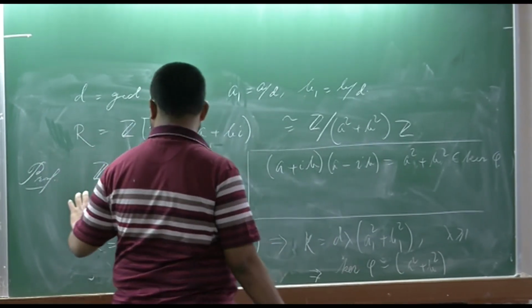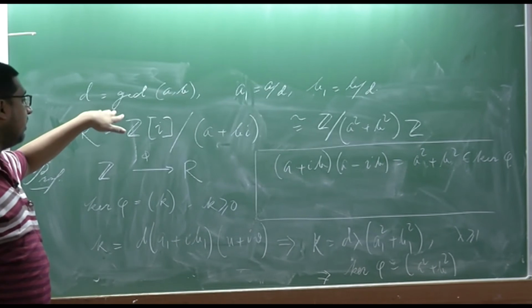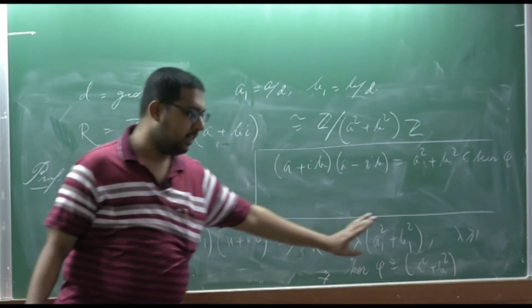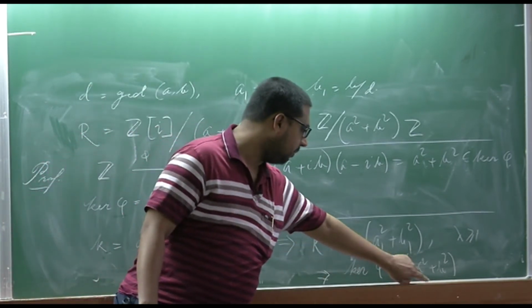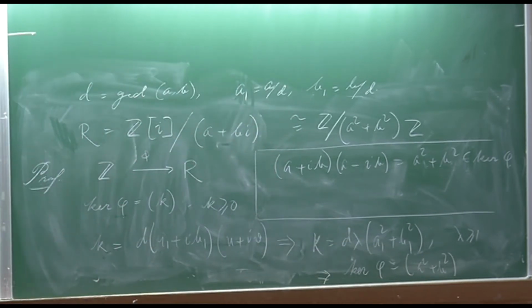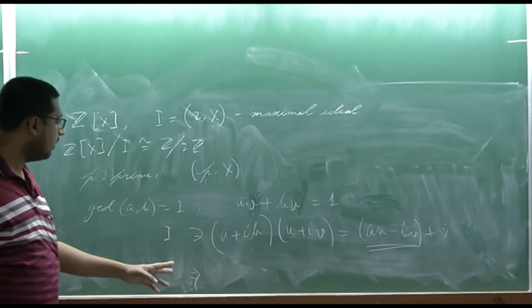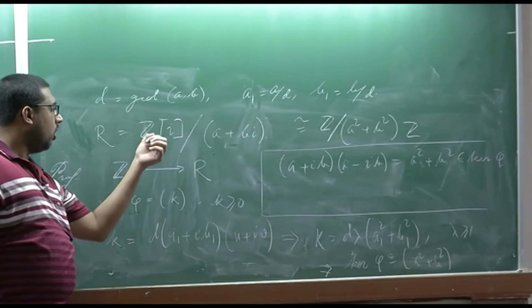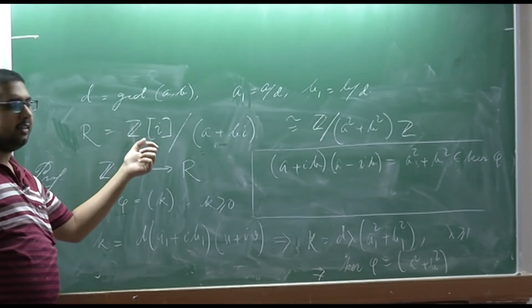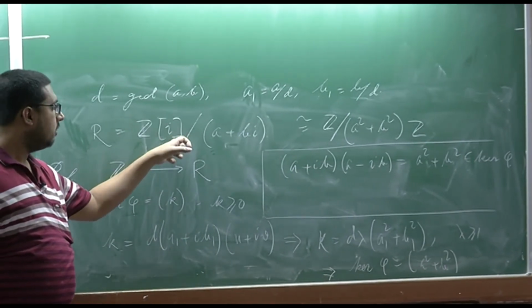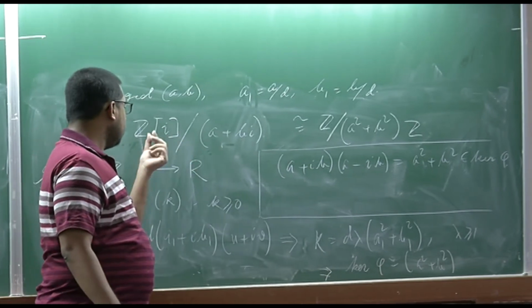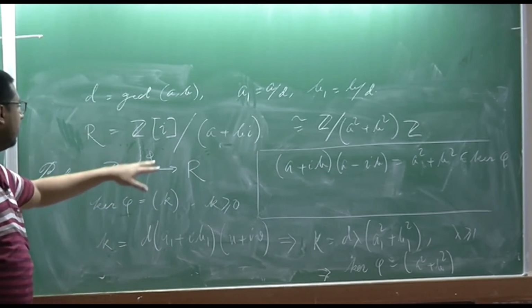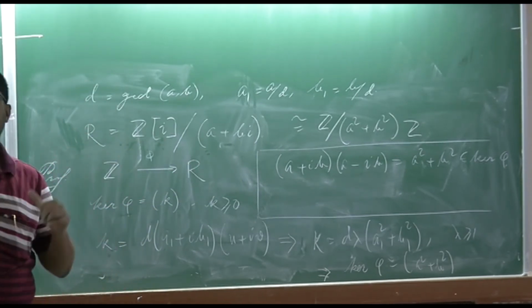So, the fact is that first, irrespective of whether GCD is 1 or not, we find out the kernel. The kernel is going to be generated by this, and then we prove that if they are co-prime, then in the image, of course, integer points are there, and cosets of integer points will always be there, and with that the coset of I is also there.